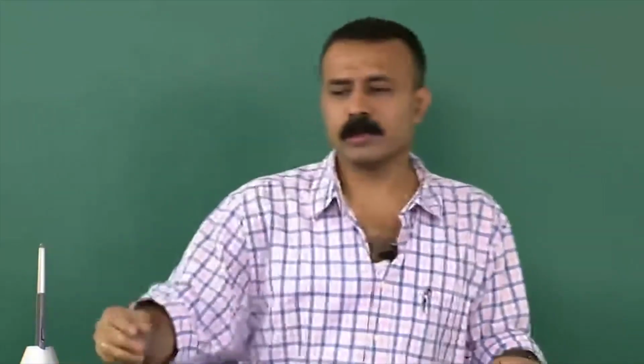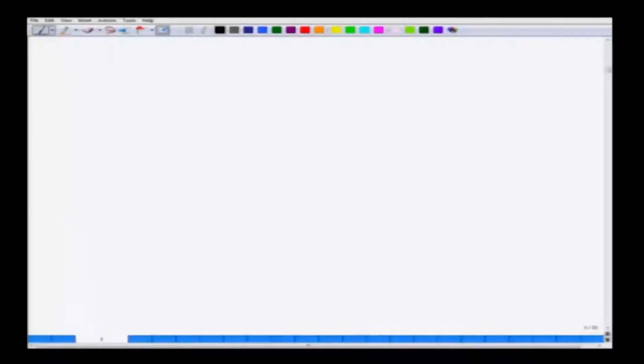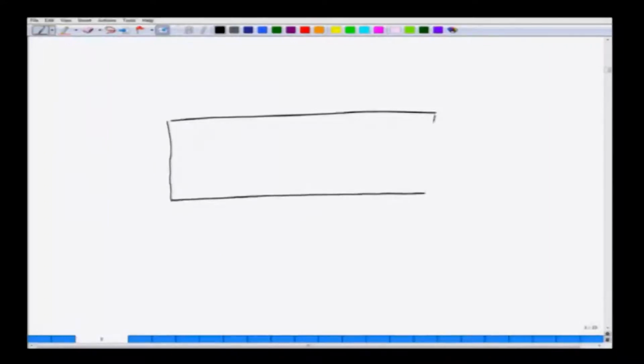One option is, for example, to imagine a substrate like this, where I have, say, 1 micron holes like this. Okay.